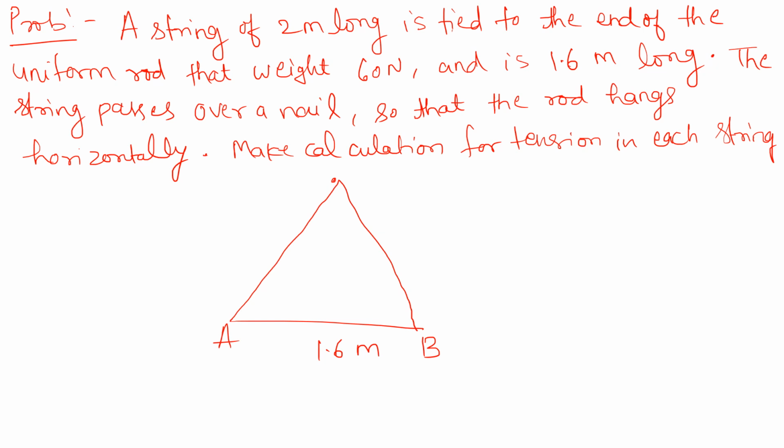Have you understood? The length of this rod is 1.6 meter and the weight of this rod is 60 Newton. If this is C and this is D, then AC is 0.8 and CB is 0.8. So the tension in the string is T in this and T in this. You have to find the value of tension in this string.